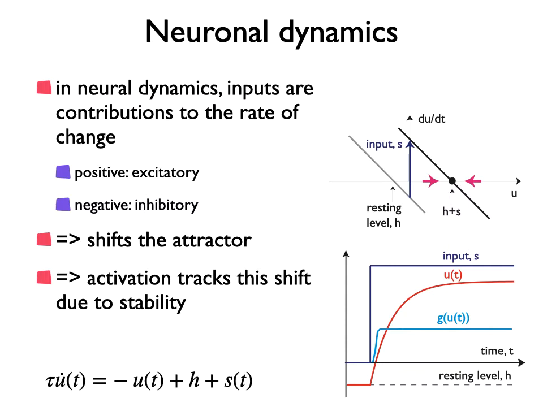When you shift it up, the attractor, the intersection with a negative slope, shifts to the right in this case. And then the rate of change jumps up, and the system will actually run into the attractor because of the minus u term, because of the stabilization term. So in neurodynamics, it's this stabilization, the minus u term, that brings about the change.